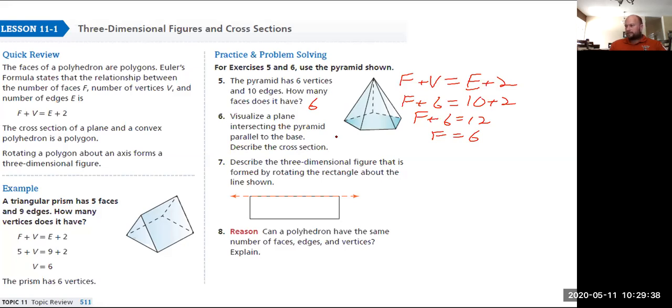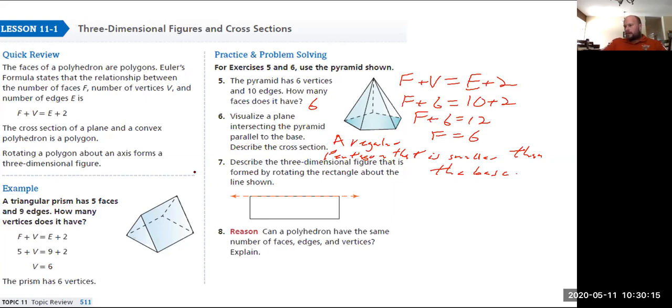So since we know our base was a pentagon, let's say a regular pentagon that is smaller than the base. Again, that'd be an easy one. If you wanted to be more technical, it'd be a reduction. It'd be a similar figure. It'd be a reduction of the pentagon.